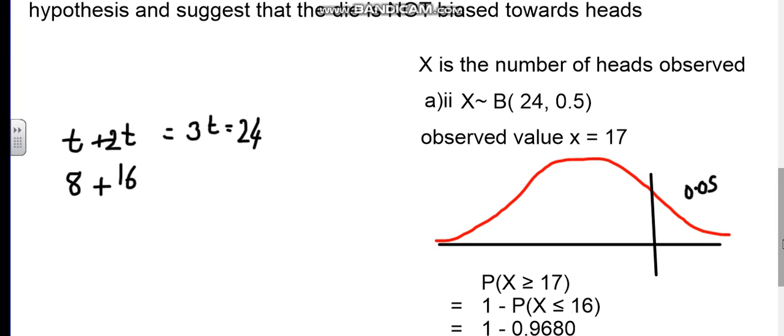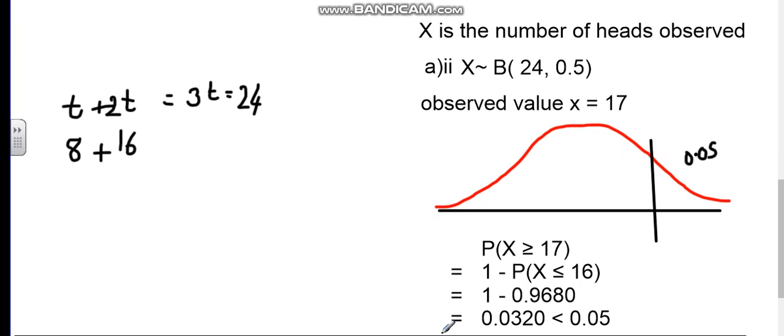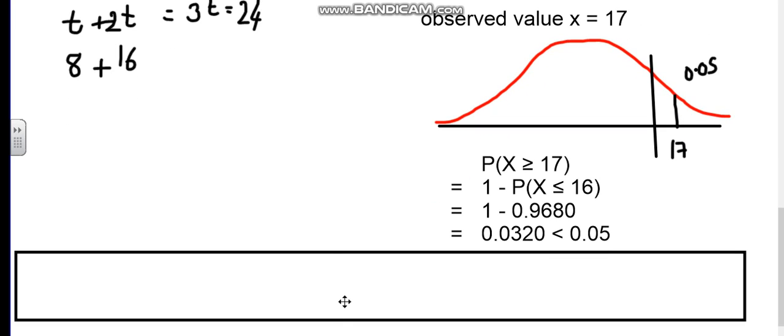You can do that on your calculator, and that comes out as 0.0320. So 0.03 is 3%. So that's smaller than this value here. So that suggests that 17 is around here. Okay, so it falls in the critical region.